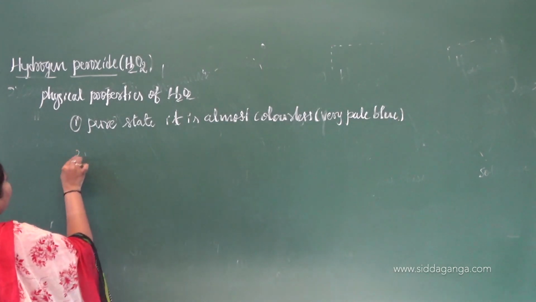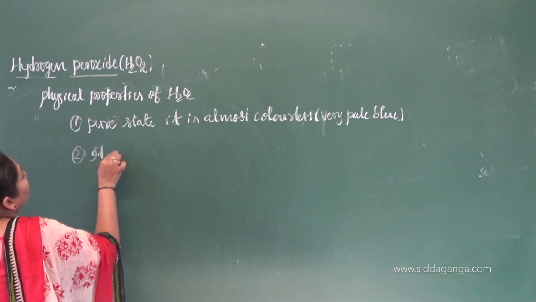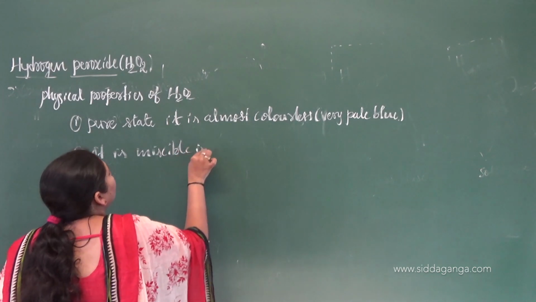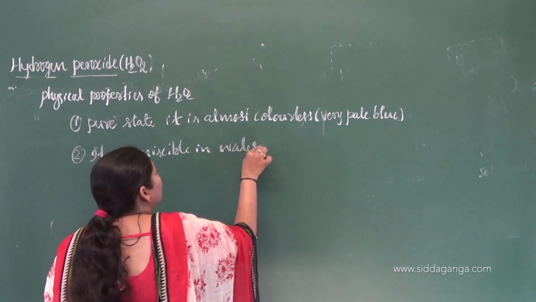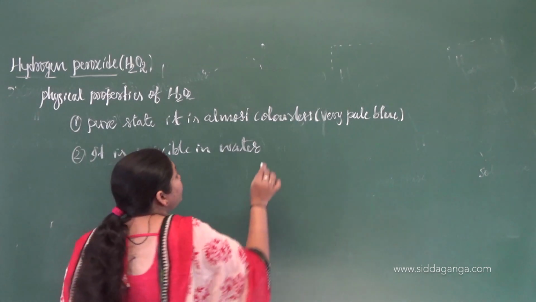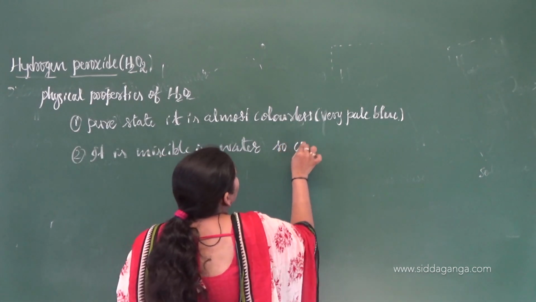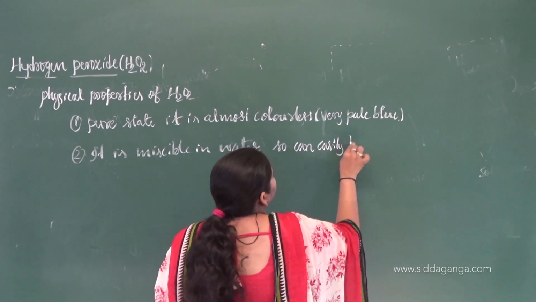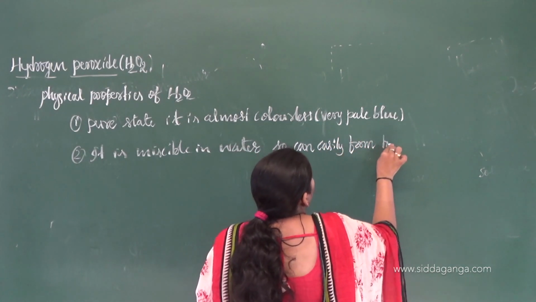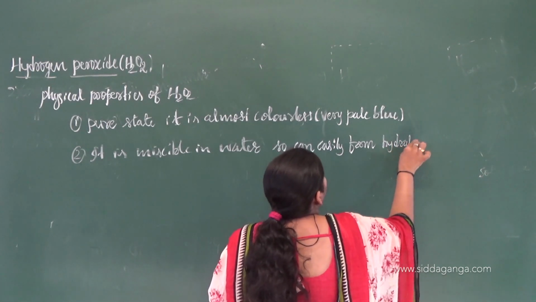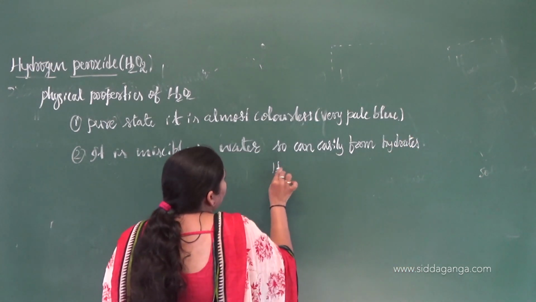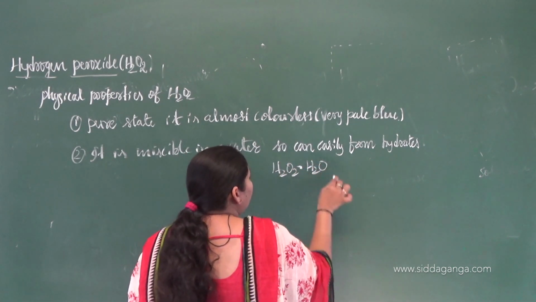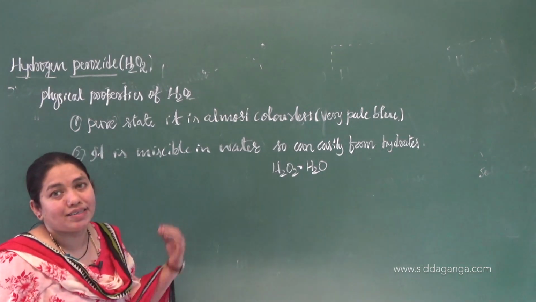And then it is miscible in water, and can easily form hydrates, that we can represent as H2O2.H2O. As it is miscible with water, it can form hydrates, right?